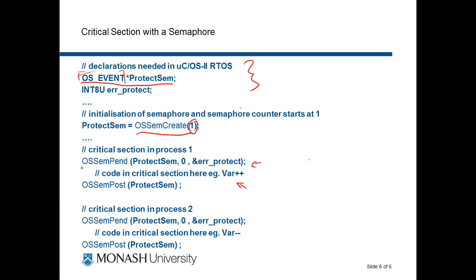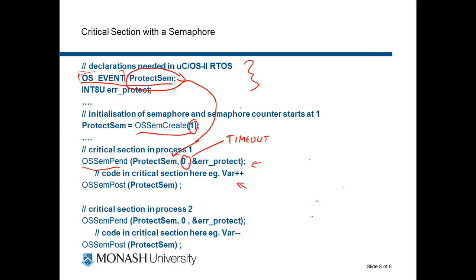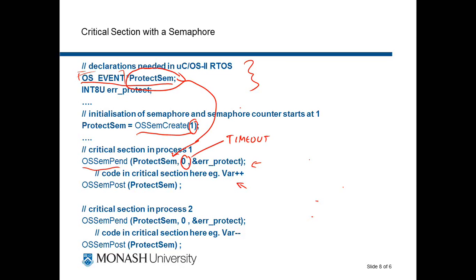Again, just syntax, OSSemPend. This is the name of the semaphore that you're waiting on. Next bit here is actually a timeout. So you can use semaphores to say, wait for this guy to finish, and if he never finishes, just give up. That's useful, but we won't be making too much use of that.